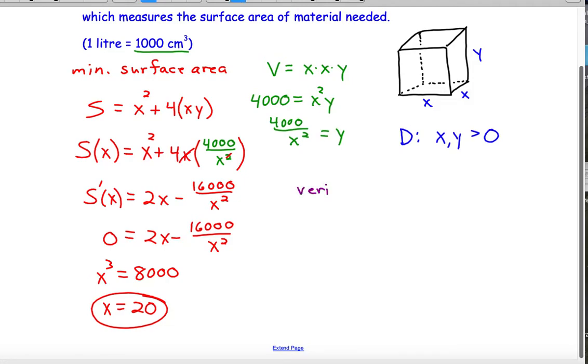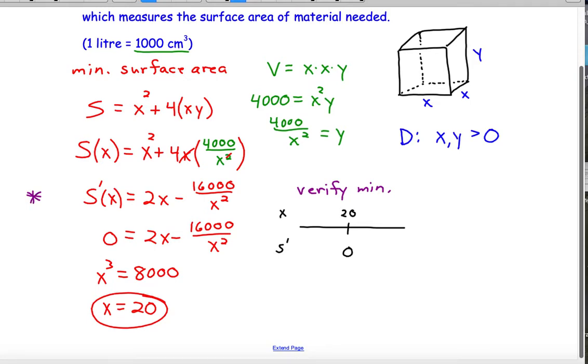So make a sign chart. It's one way to do it. When x is 20, s prime is 0. So let's pick a number smaller than 20 and look at the derivative. Right here, there's my derivative.